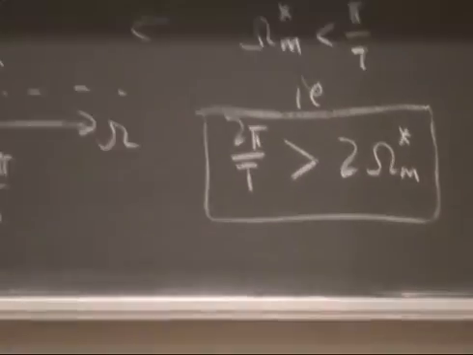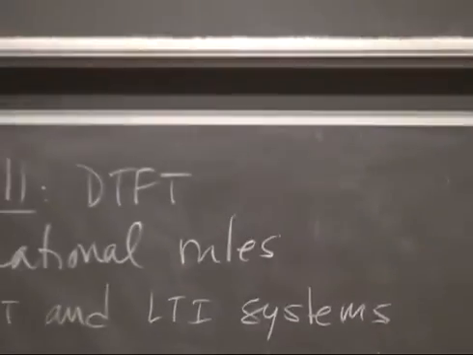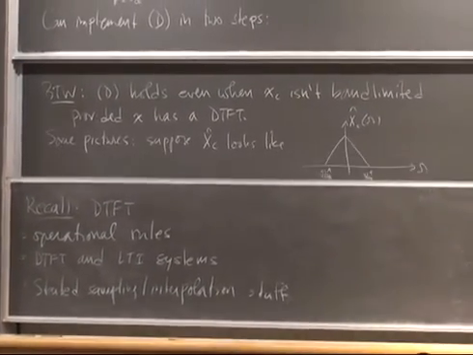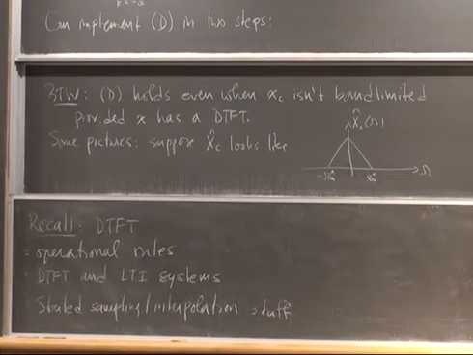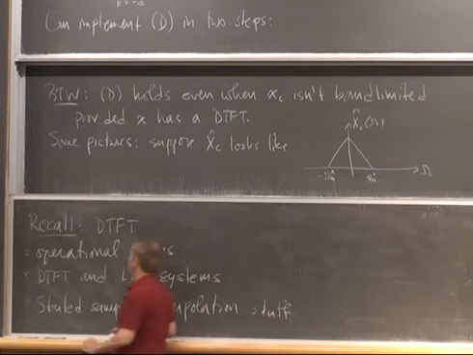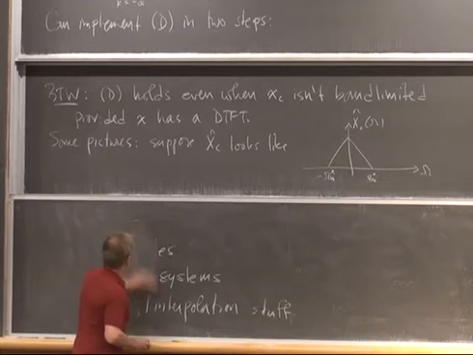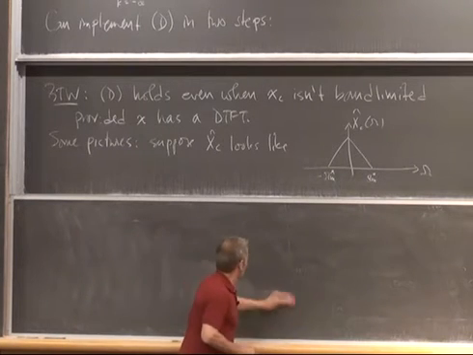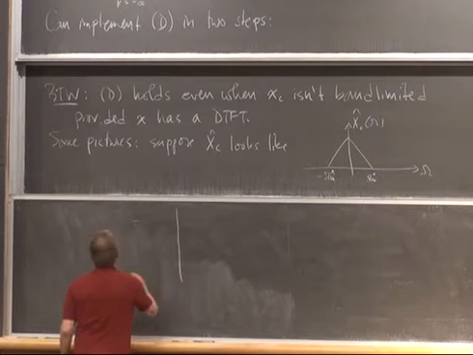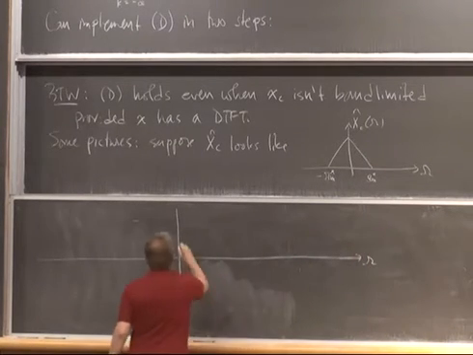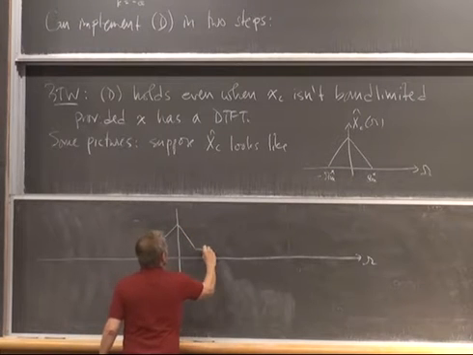All right. What's the other thing that can happen? The other thing that can happen is that adjacent shifted replicas of xc hat actually collide in omega space. So this is the other thing that can happen. You get something like this.